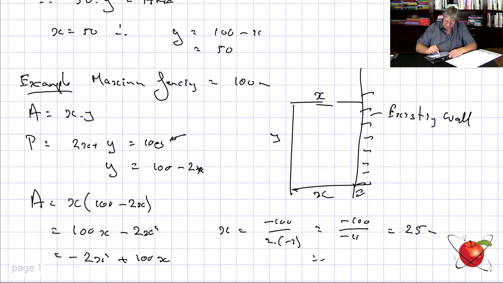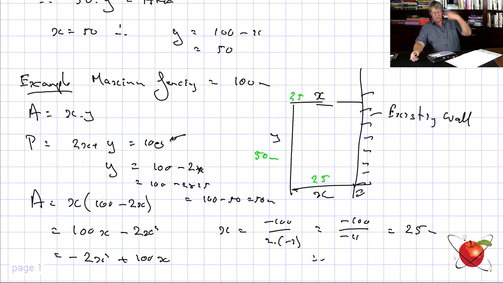This is 25. I've got 100. This is going to be 50 meters, isn't it? I could have worked it out straight: y is equal to 100 minus 2 times 25, which is 100 minus 50, which is 50 meters. My apologies for the previous one not dividing through by 2.